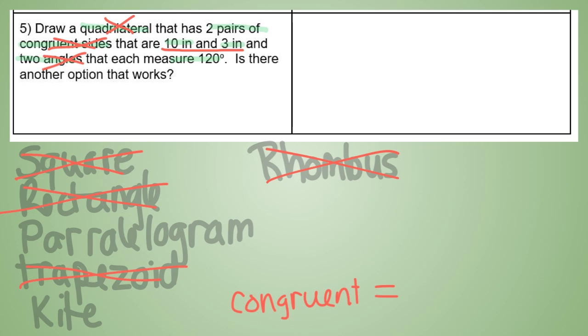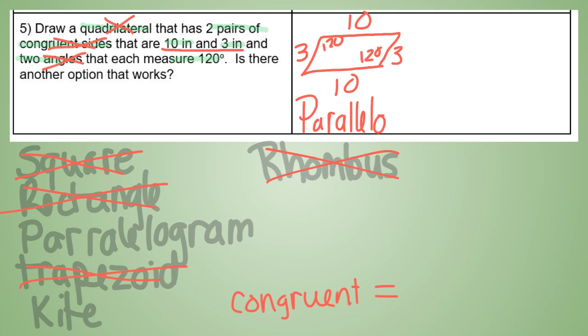A parallelogram is going to look like this. So this would be 3, this would be 10, this would be 3, this would be 10, and this would be 120 degrees, that'd be 120 degrees. I feel like a parallelogram is a good option.